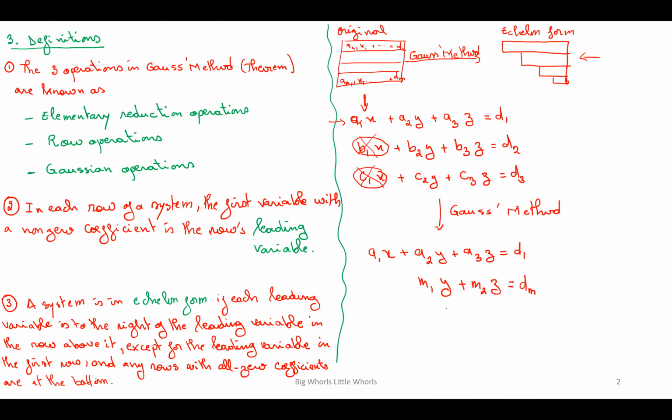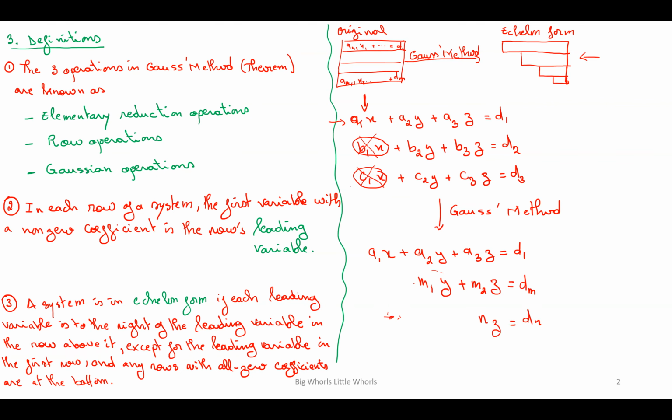And then what we have to do is, at some stage, if we pick the second equation, the leading variable is in y. So we are going to use that term y to eliminate the term in y in the third equation, to be able to have something like n z equals dn.